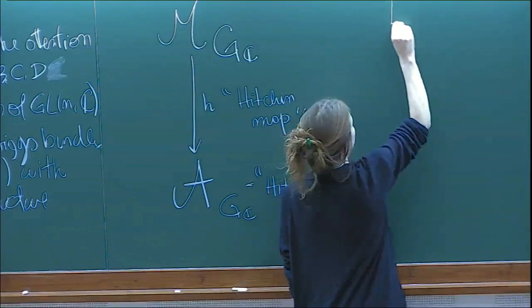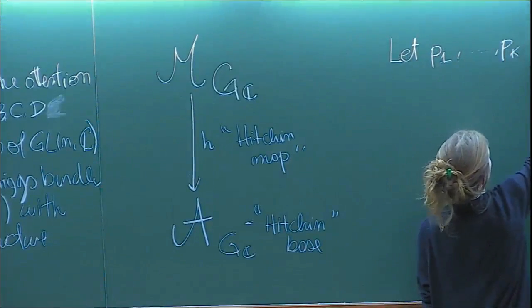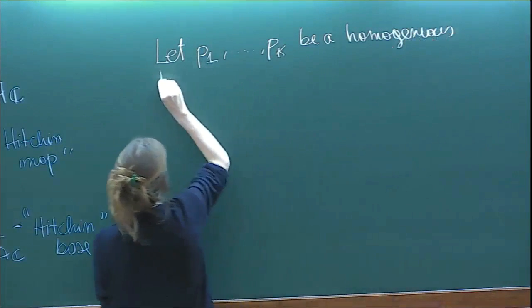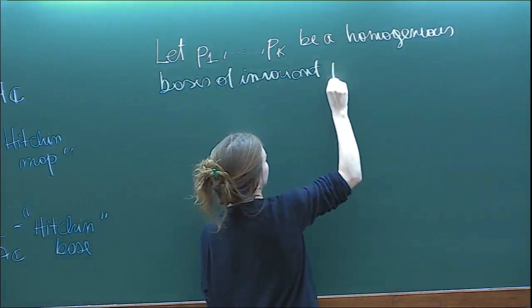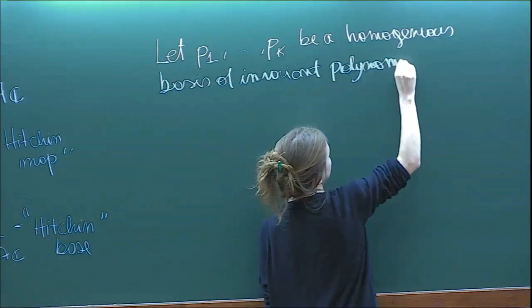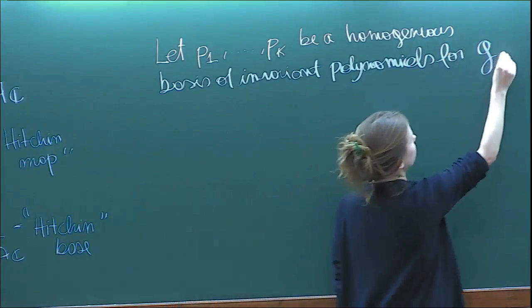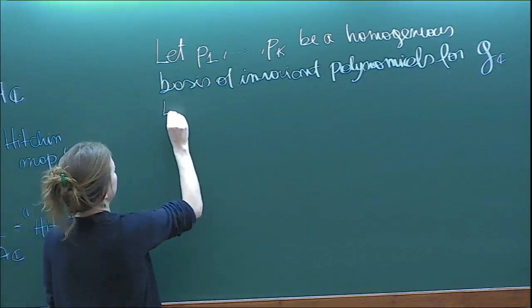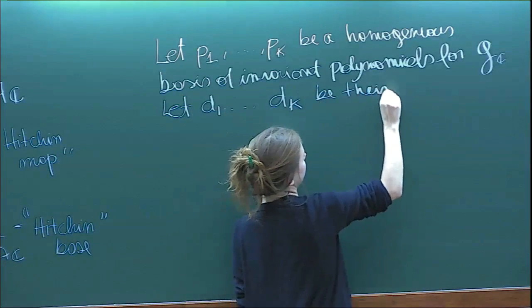So let P1 to Pk be a homogeneous basis of invariant polynomials for the Lie algebra of the Lie group we're looking at, so it's the complex one. Once we take these invariant polynomials, they have some degree. Anytime you take any basis, they will have these same degrees. So let d1 to dk be their degrees.